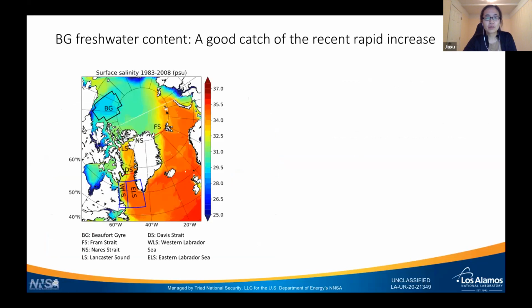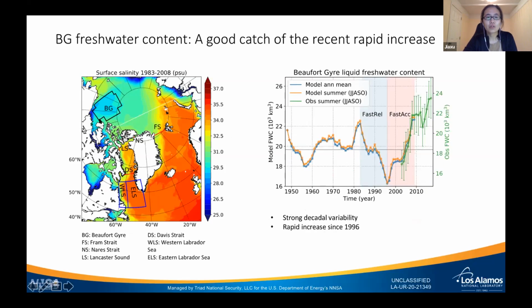First, we want to see whether our model is able to get a good freshwater content. The map on the left shows the area of interest, and the Beaufort Gyre is enclosed by this black box. What we do is calculate the annual mean freshwater content over this area and plot it on the right.